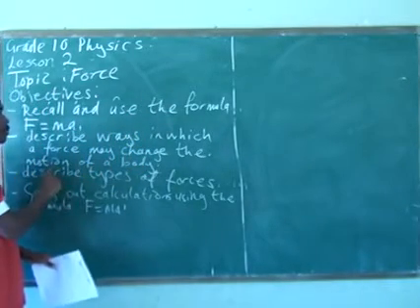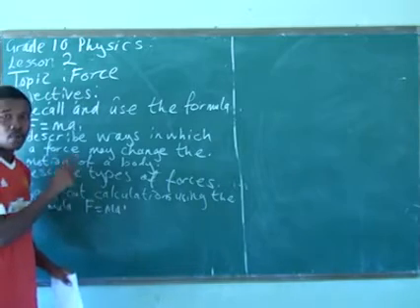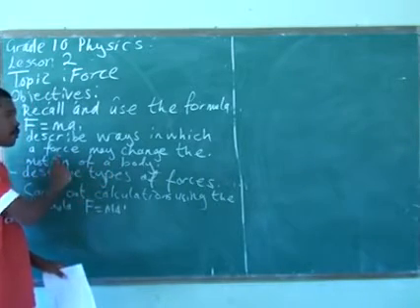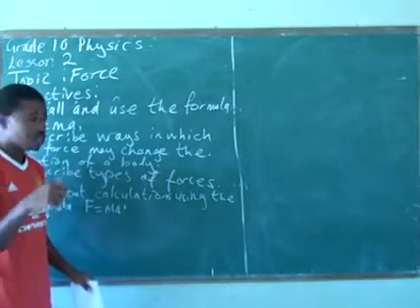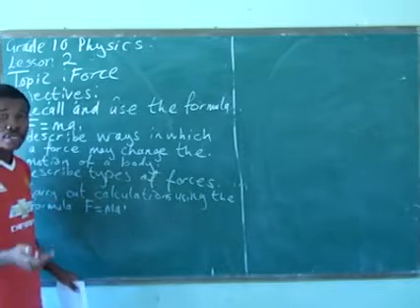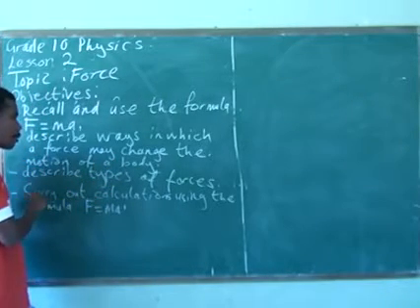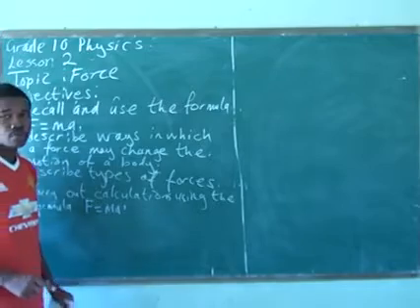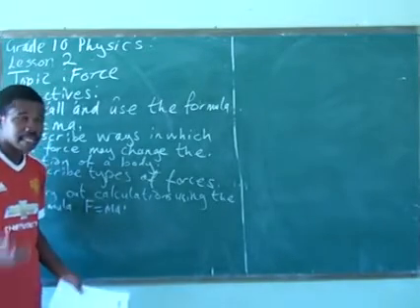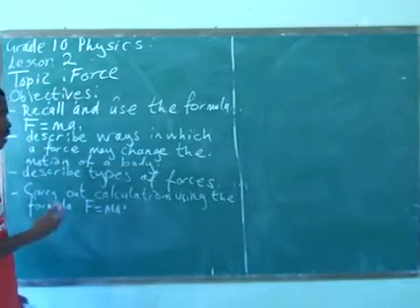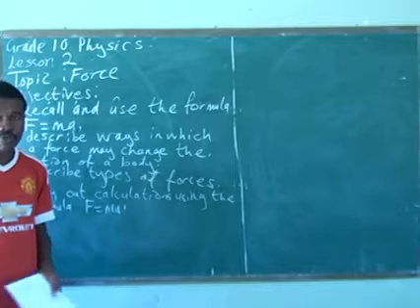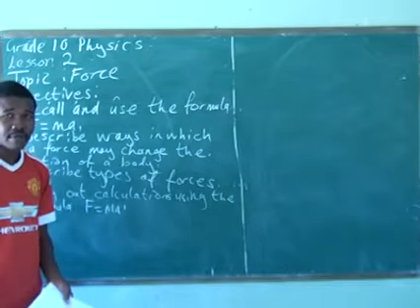We should also be able to describe the way in which a force may change the shape or the motion of a body. We should also be able to describe the types of forces that we experience in everyday life.